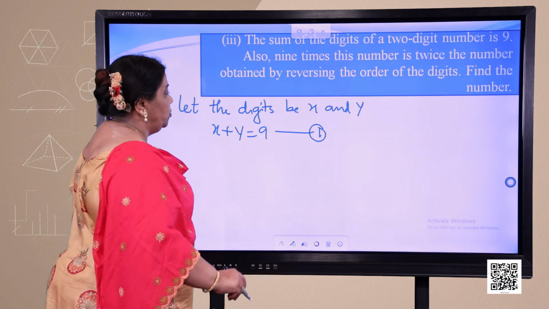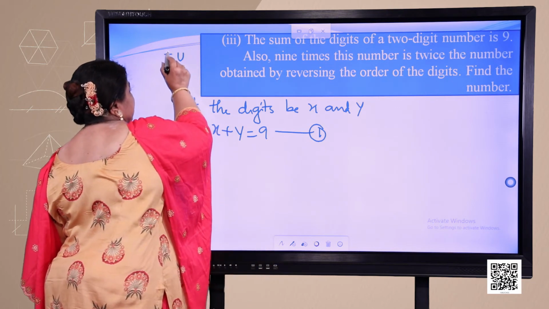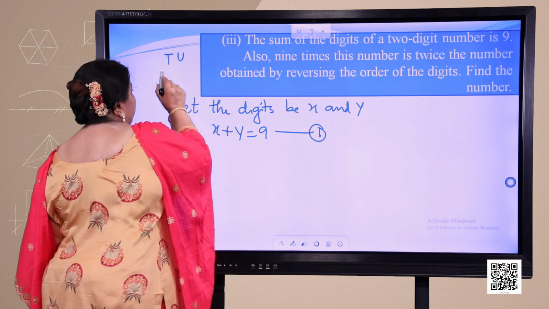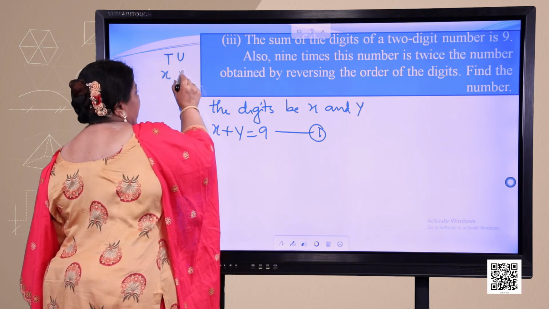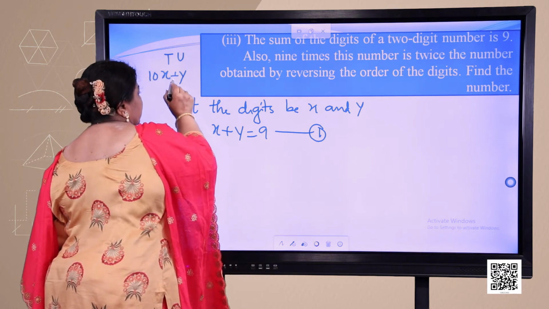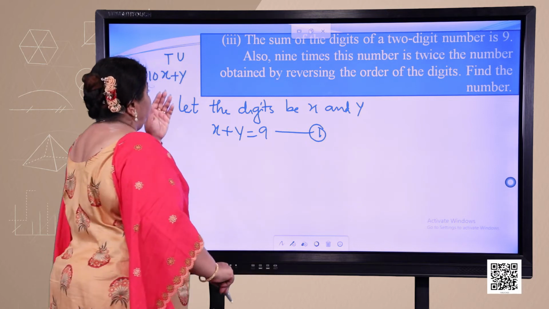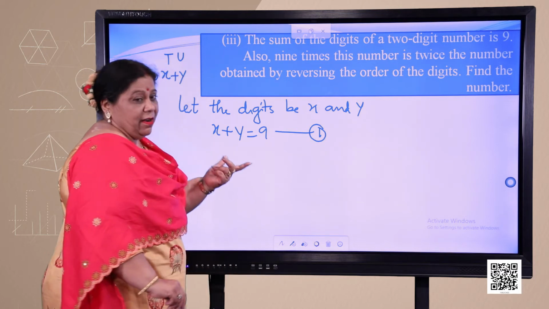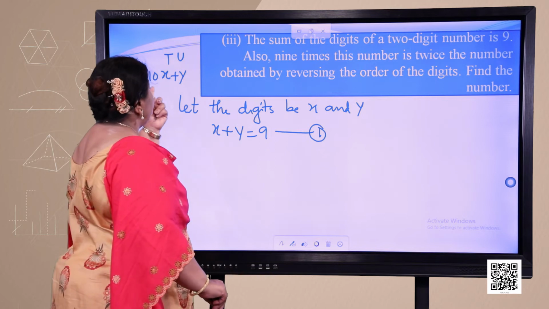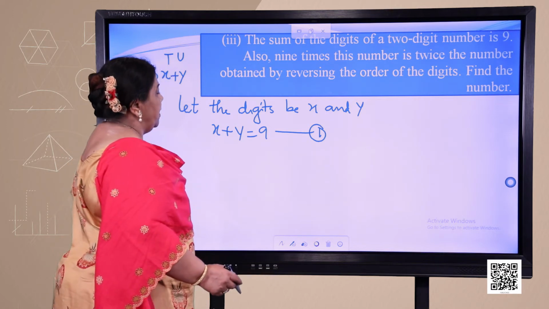Let us write down the 2-digit number. We have, this is units place, this is tens place. So, if I take x in tens place and y in units place, obviously the number will look like 10x plus y. Is that clear? If we multiply ones place by 1, it is y into 1, and tens place by 10, so 10 into x plus 1 gives the 2-digit number.